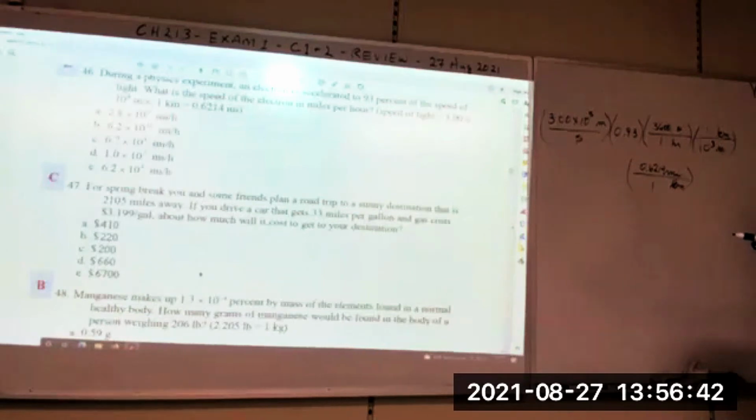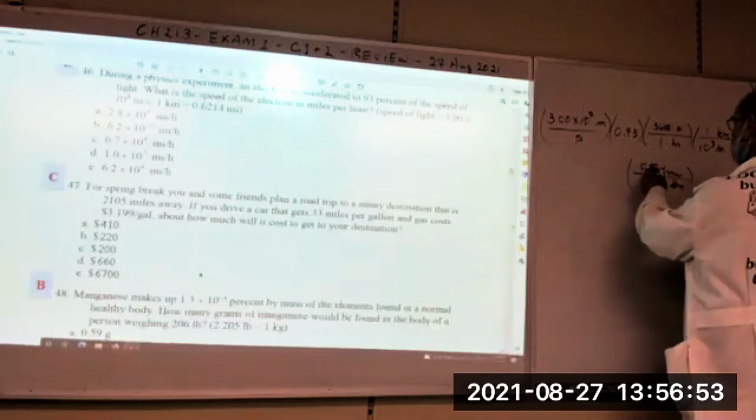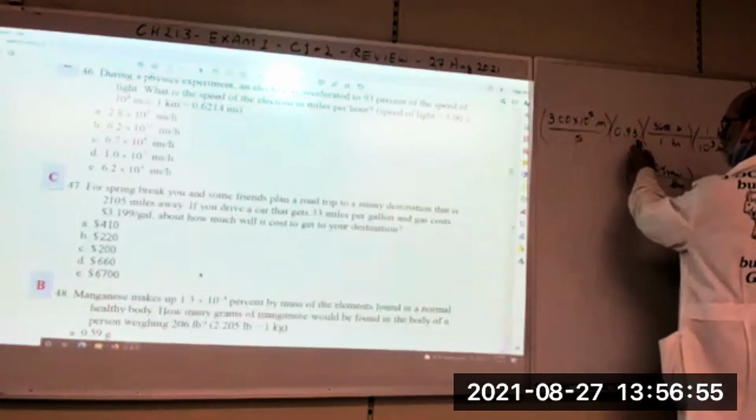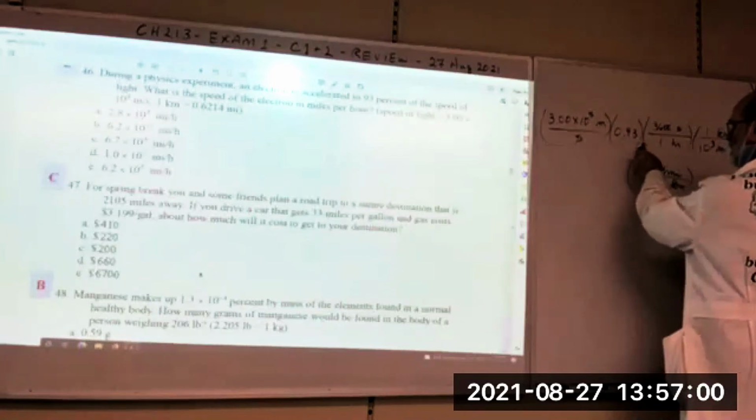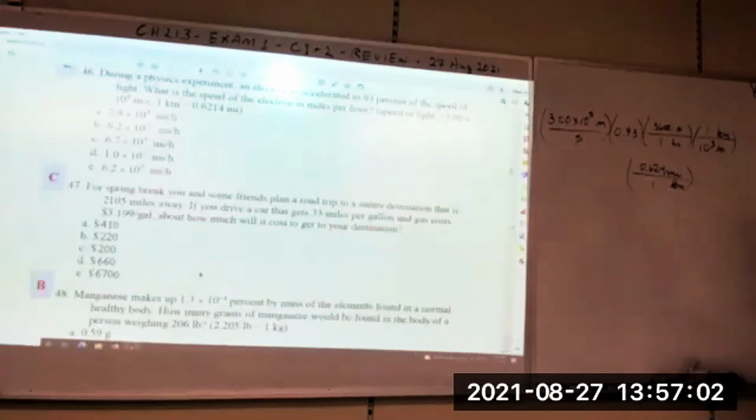And 0.6214 times, divided by 1,000. So I get 6 point, let's see, 93%. So we're limited to 2 significant figures. 6.2 times 10 to the 8th. Here it is, miles per hour.